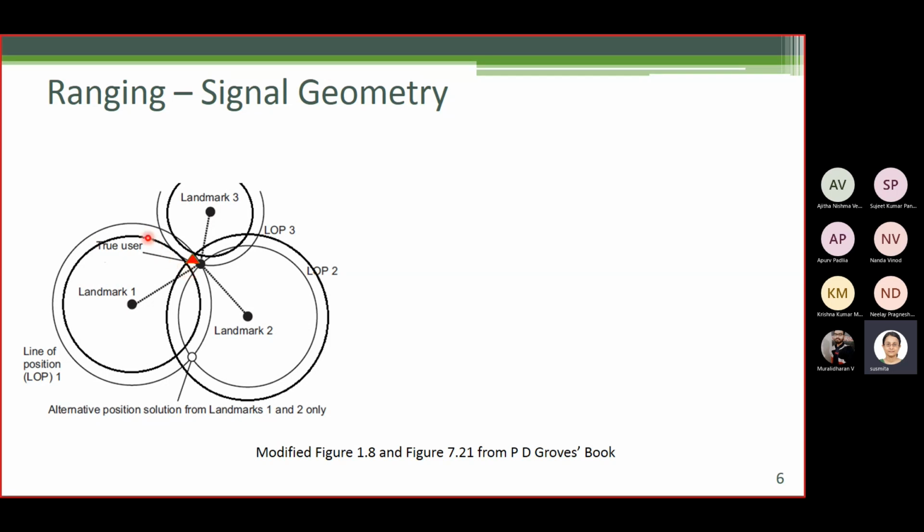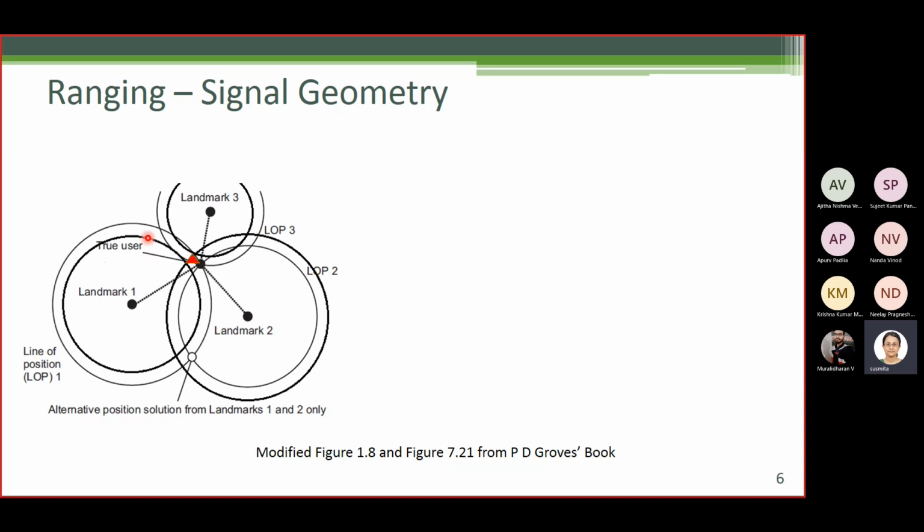So by having as many transmitters as possible, we can reduce the area of uncertainty, provided we have good quality measurements. So if you add more transmitters, but they all have these thick bands, then definitely the area of uncertainty will not reduce. So we need good quality measurements. We also need as many transmitters as possible.